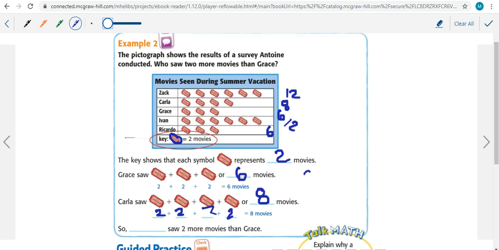Carla, we're going to subtract to find the difference. We're going to subtract 8 minus 6 to find the difference. How many more movies did Carla see than Grace? So Carla saw 2 more movies. Why? Because 8 minus 6 equals 2. 2 more movies than Grace.